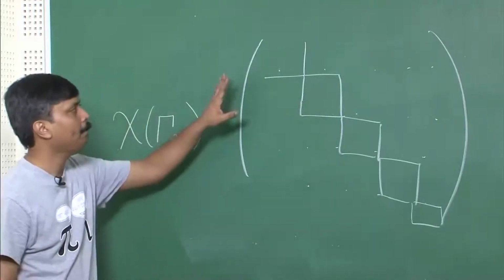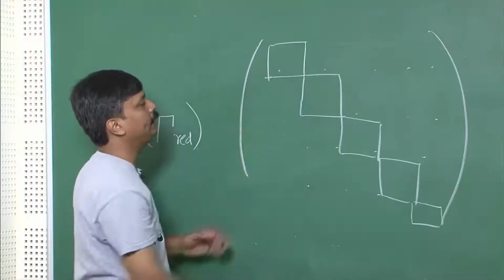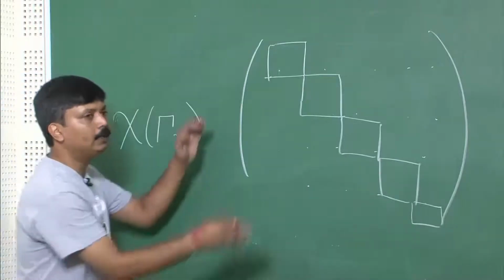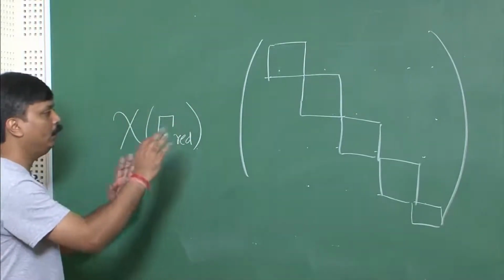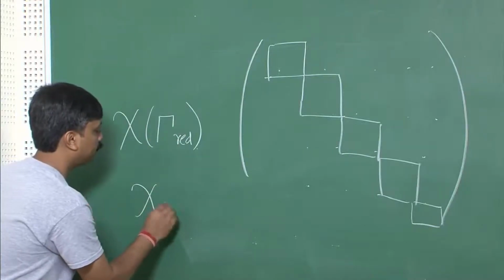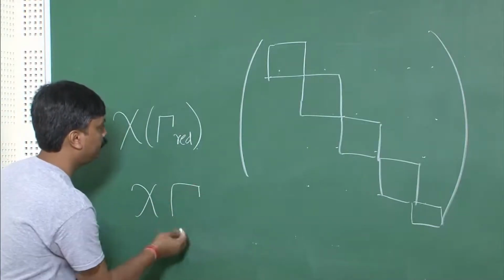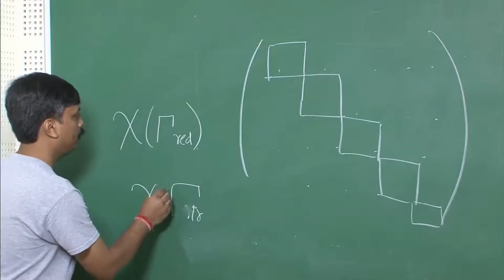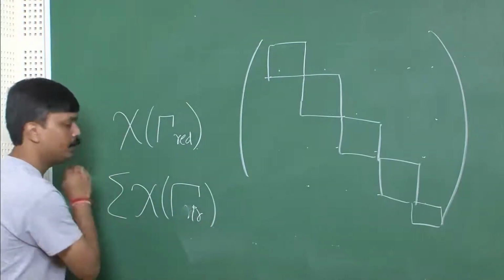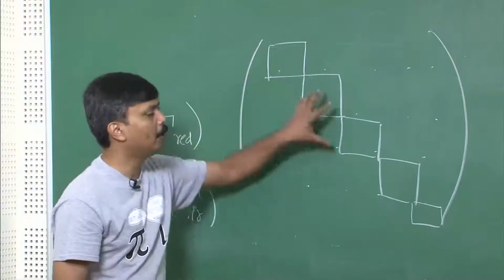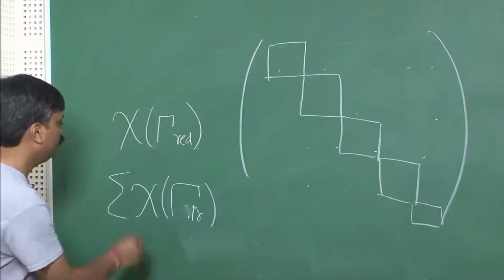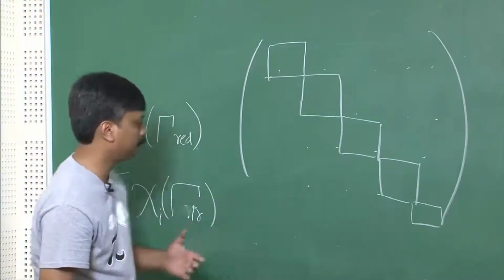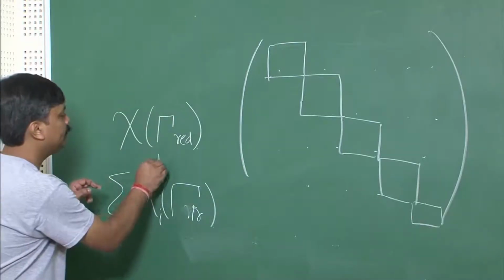Now the good thing is that if you take the characters of these individual blocks, which are the irreducible representations, and sum them up, suppose I call it chi of gamma irreducible, and I sum it over I, where I is the total number of such blocks, then this and this are equal.